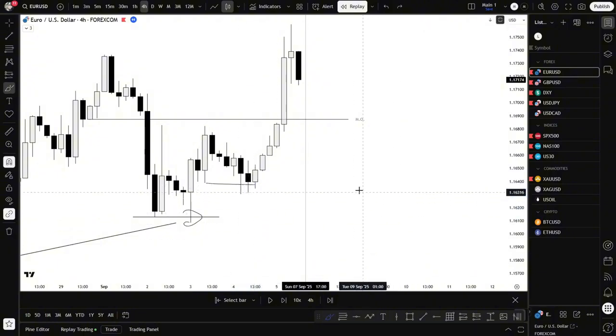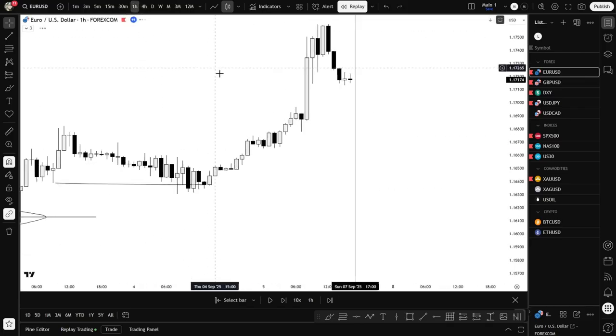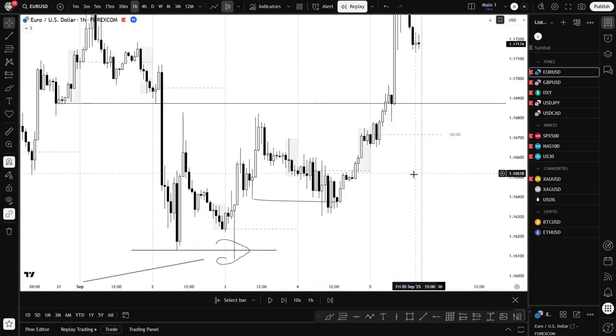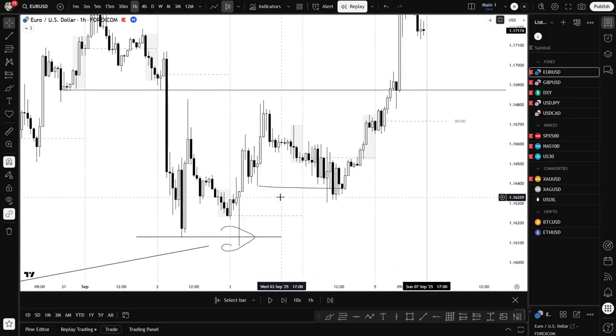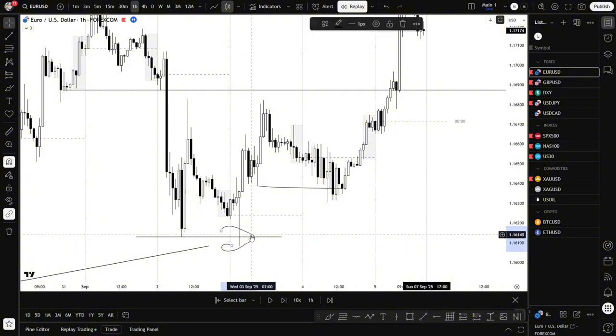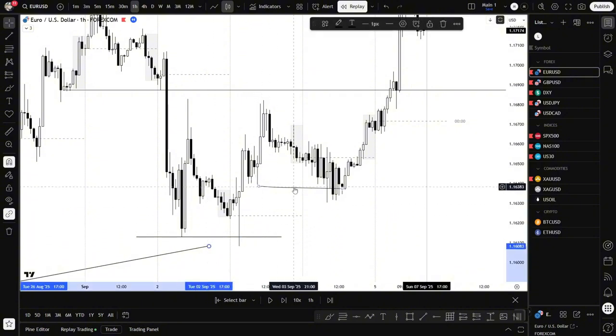So we don't just have a manipulation expansion. We have a manipulation with a liquidity pool inside it, which means we're gonna use it on the next day. So if you go to the hourly, we have a liquidity pool here. I like using this drawing.